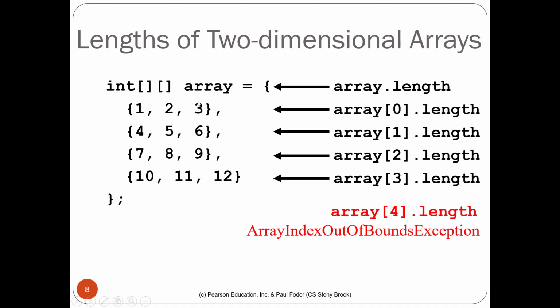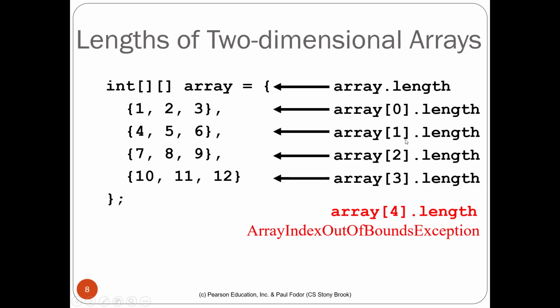Okay, so here you should get 1, 2, 3 and 4. So if you say array.length, then output should be 4 because you have 1, 2, 3, 4 rows. If you say array[0].length, that means you are asking Java to tell the number of columns in the first row. So here number of columns are 1, 2, 3. So you should get the value 3 for this statement.